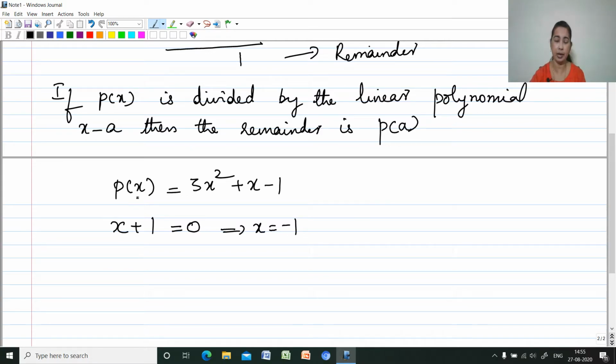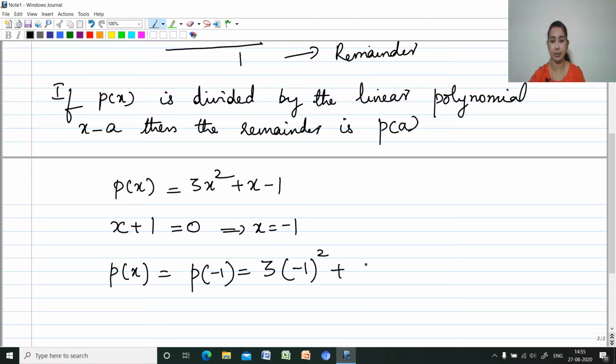That value I have to substitute in the polynomial p of x. So p of x becomes p of minus 1. That is 3 into minus 1 whole square plus minus 1 minus 1. Wherever x is there, we are replacing it by minus 1. So this becomes 3 into minus 1 whole square, which is 3, then minus 1, again minus 1.